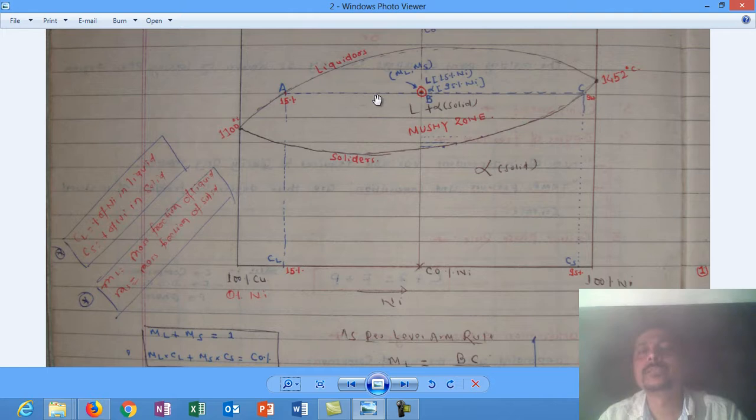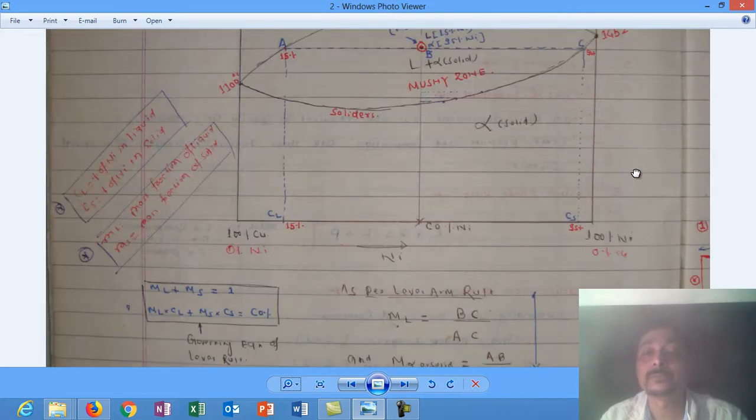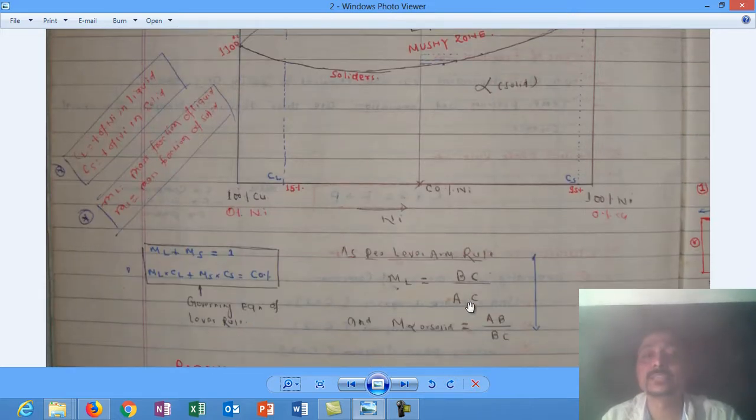Since this is the liquidus line, we have to take the length of the opposite segment, BC. So for the mass fraction of liquid, we take the length of BC divided by the total length, AC. So the mass fraction of liquid is equal to BC by AC.